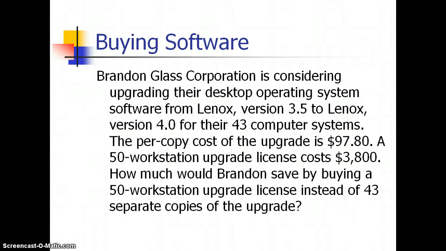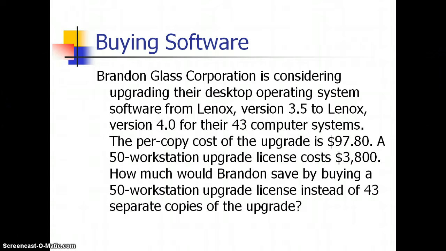So here we go. We're going to upgrade from 3.5 to 4.0. Most businesses would probably wait with that upgrade until they're a couple more versions behind than just a 0.5 version. But you have 43 computer systems. Per machine cost is going to be $97.80. Well, you could get a 50 workstation upgrade for $3,800.